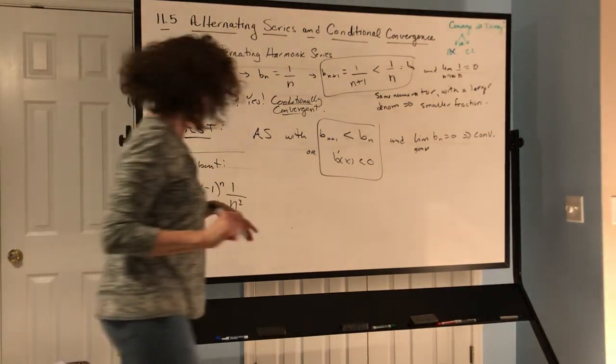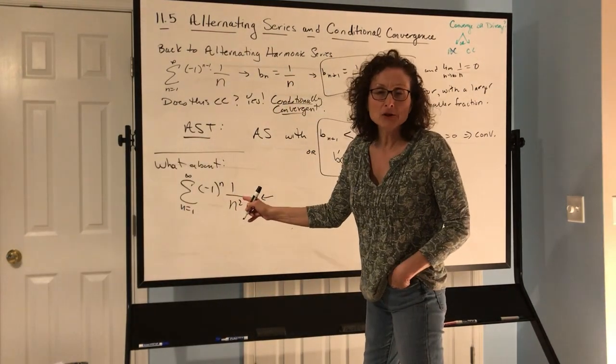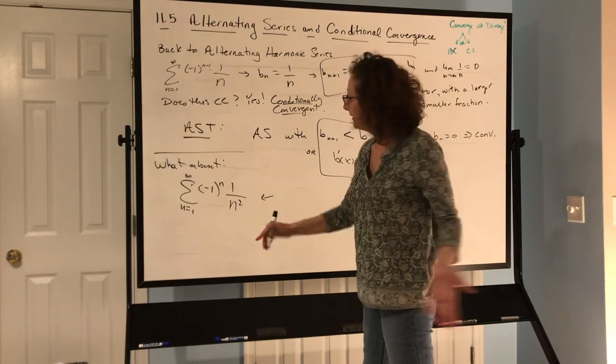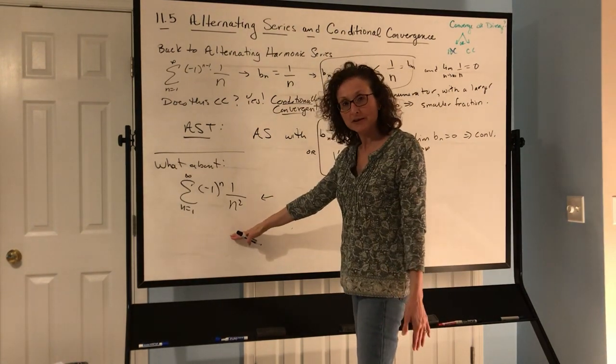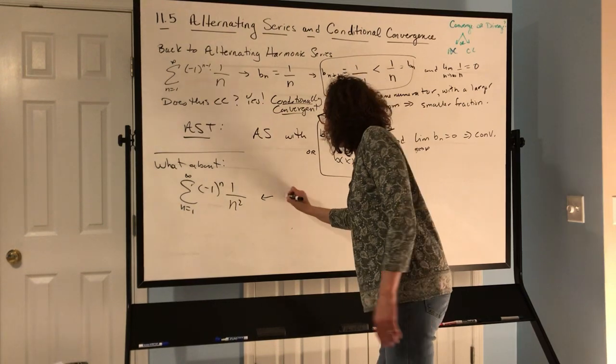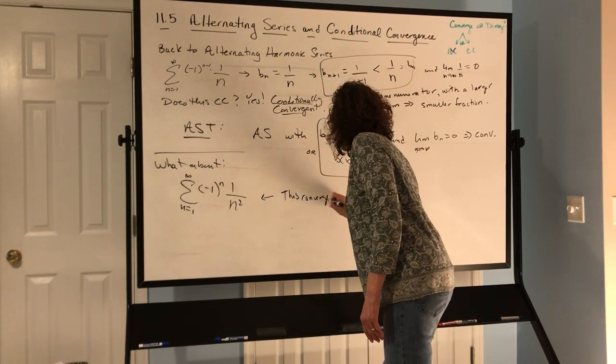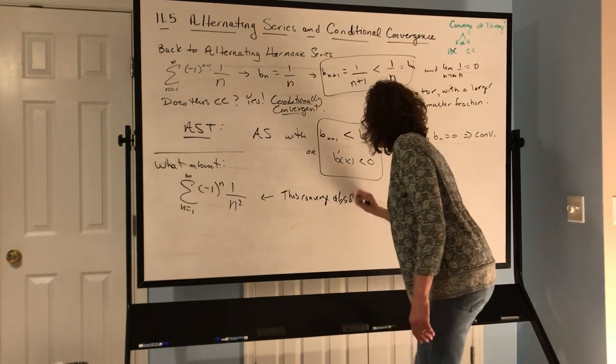Oh, I think I heard it. You would say, hey, this converges absolutely. Done. This does not require the alternating series test. Are we good here? We got that? So this converges absolutely.